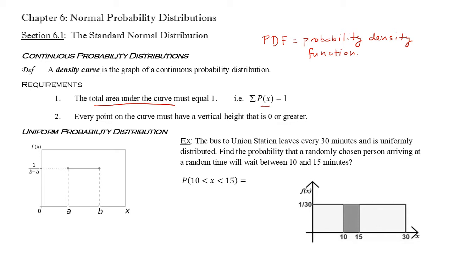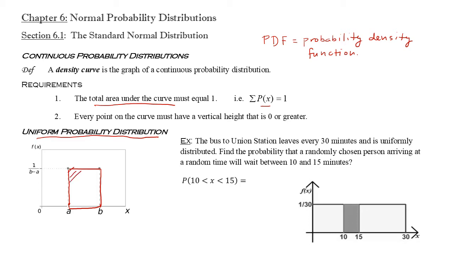For a uniform probability distribution, when we say that a random variable is distributed uniformly, then it takes on a constant value at all values between two values on an interval. And so the height of that distribution is going to be such that the rectangle that's formed here has an area of 1.